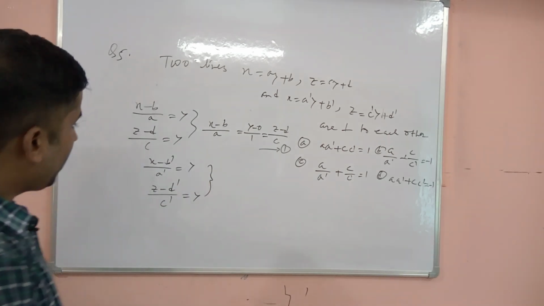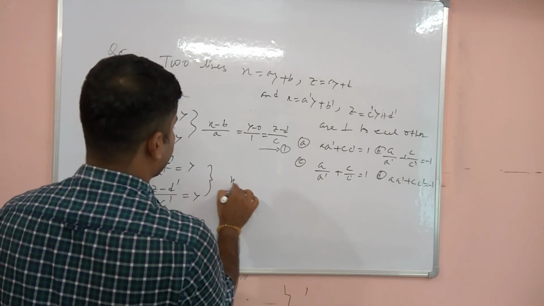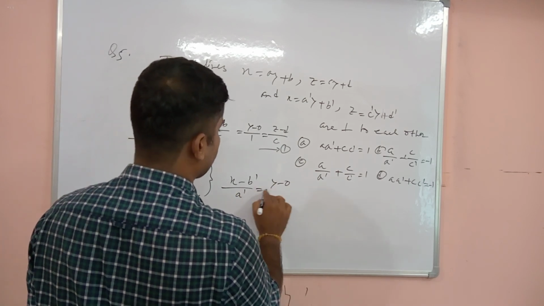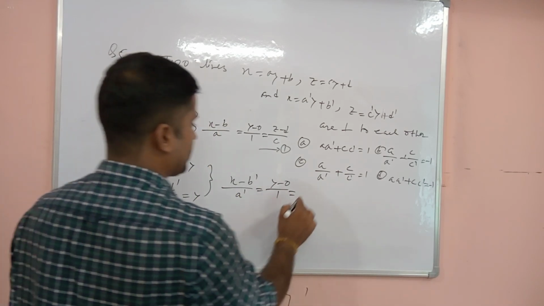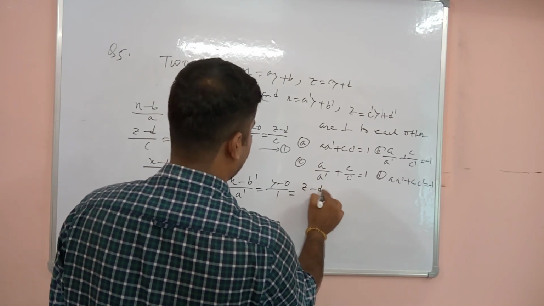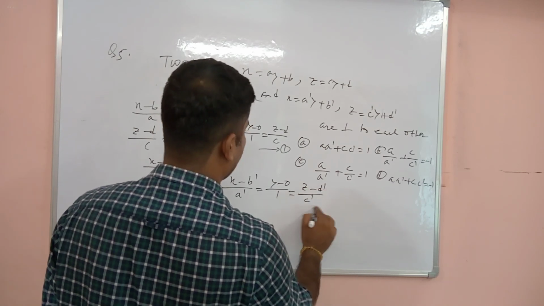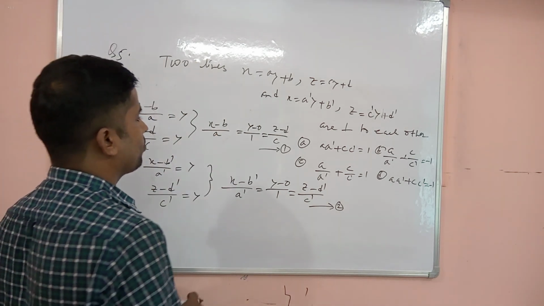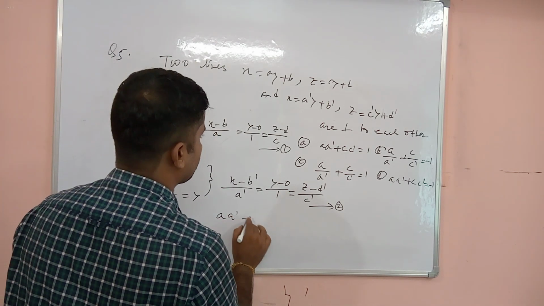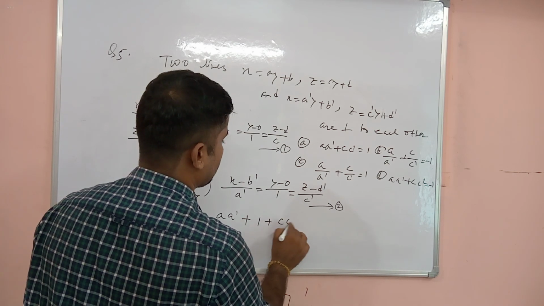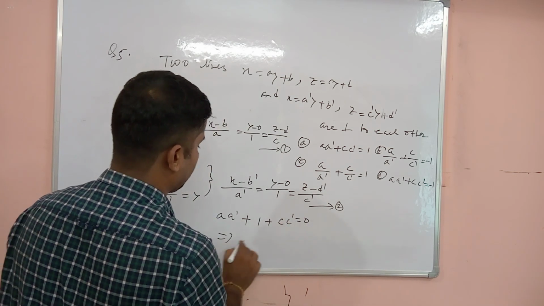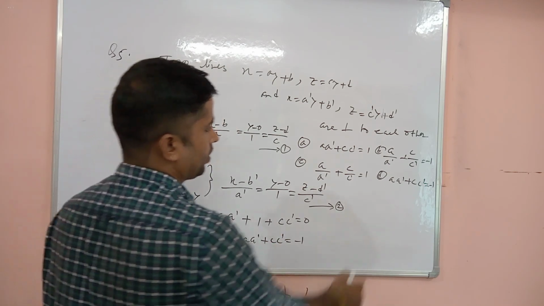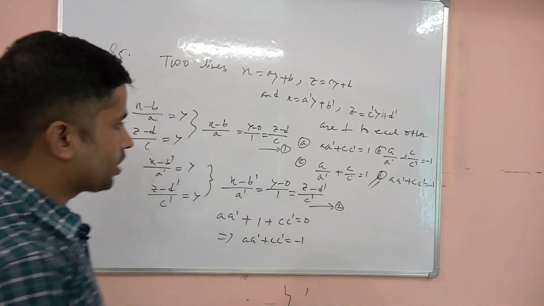So combining them, we shall get x minus b dash by a dash is equal to y minus 0 by 1 is equal to z minus d dash by c dash. Okay, it is 2. As they are perpendicular, therefore we must say a a dash plus 1 plus c c dash is equal to 0. It implies a a dash plus c c dash is equal to minus 1. So it is matched with option D.